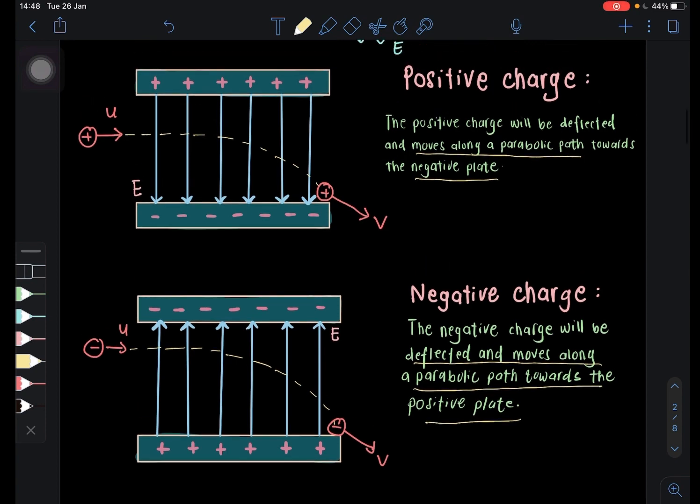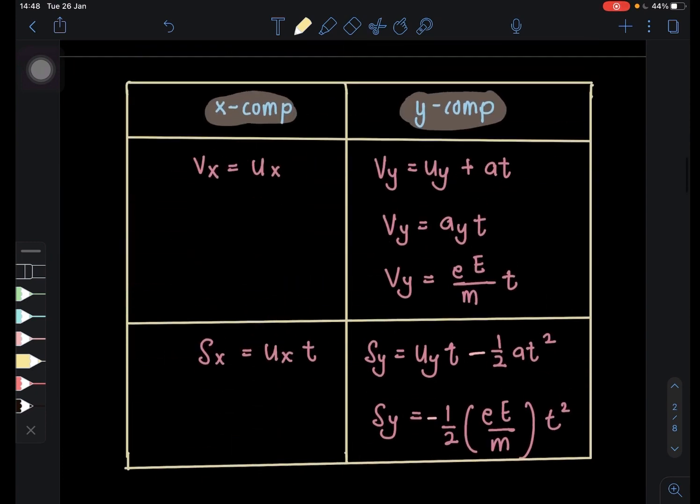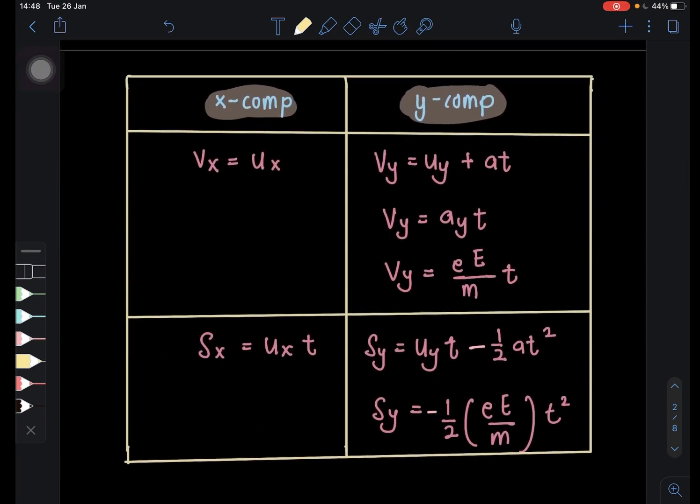So apabila the motion of the charge is on a parabolic path, remember again what we learned in semester 1. This one actually obeys the kinematics law, which means kita akan ada x component and y component. So for the x component, Vx will be the same, equal to Ux.